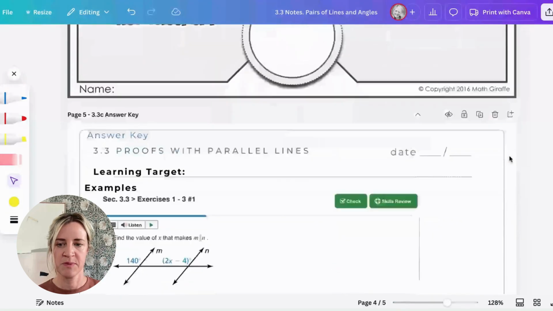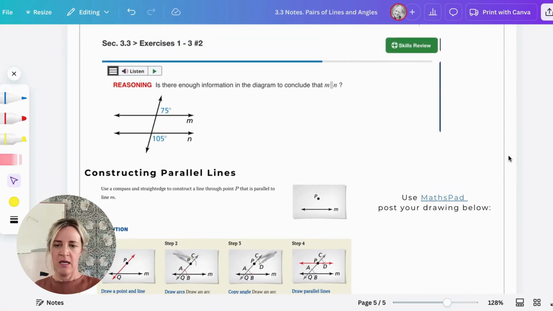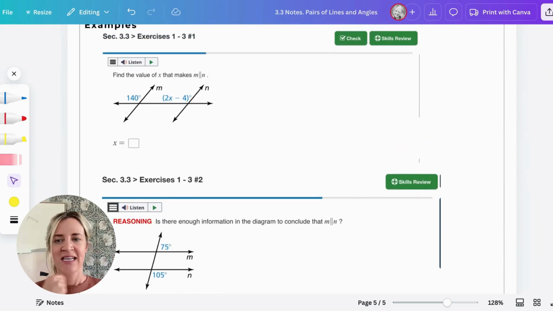And the examples we're going to do today, we just have 2, and then we might do some constructing of parallel lines using MathSpace. So this is find the value of x that makes line M parallel to line N. Again, notice we don't know that M is parallel to N yet. We need to prove that.